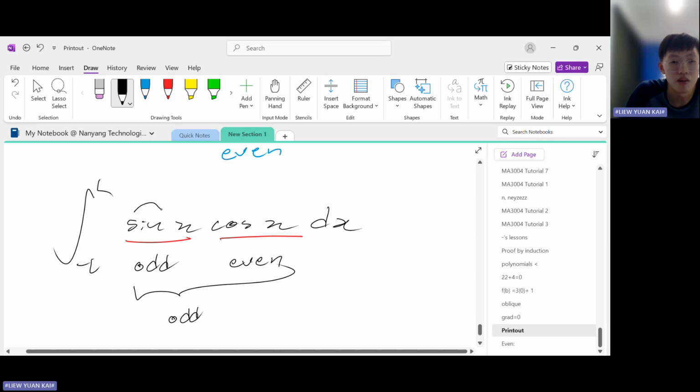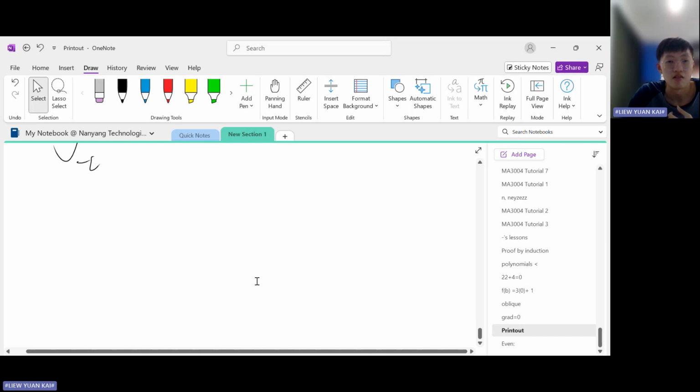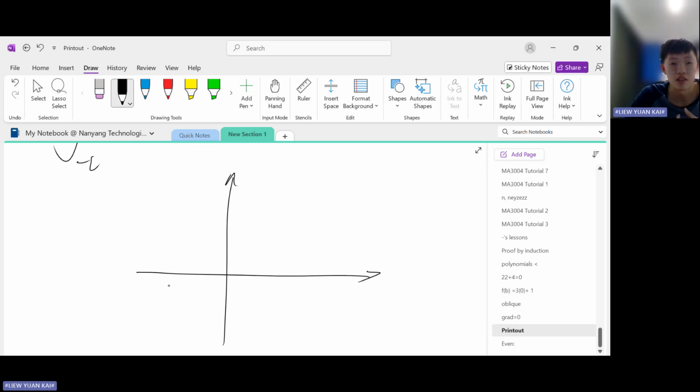So what I'm seeing here is an odd function. As you know, the property of an odd function is such that it is rotationally symmetrical about the origin. So let us draw a graph that is rotationally symmetrical about the origin. I don't know how sine x cos x looks like, and I don't care. The most important part is that it is rotationally symmetrical about the origin.